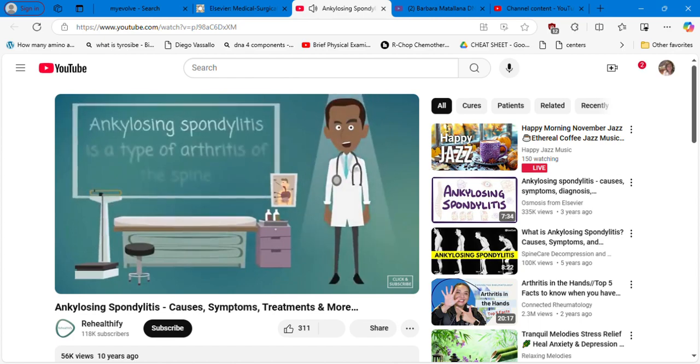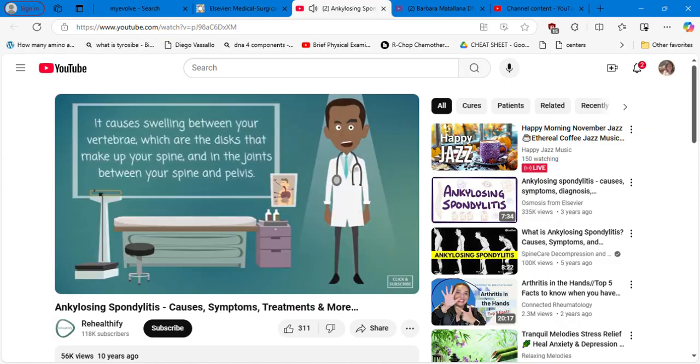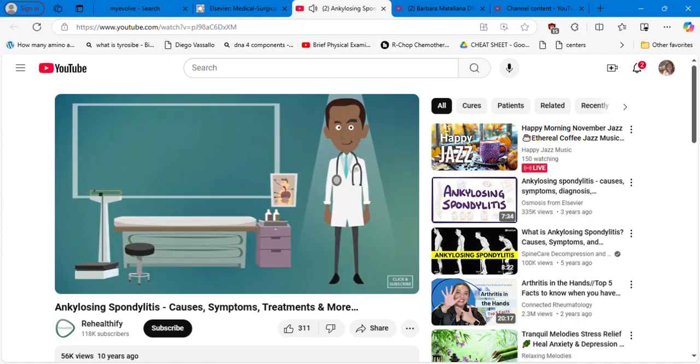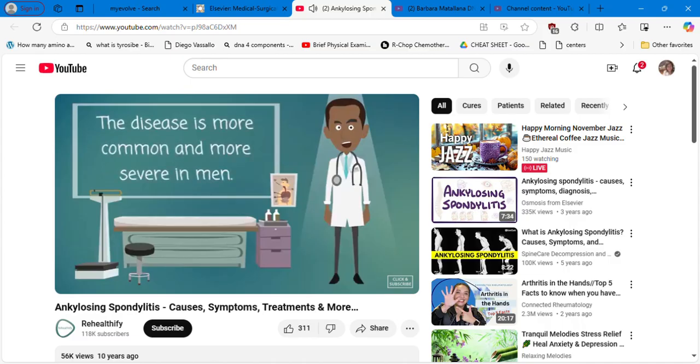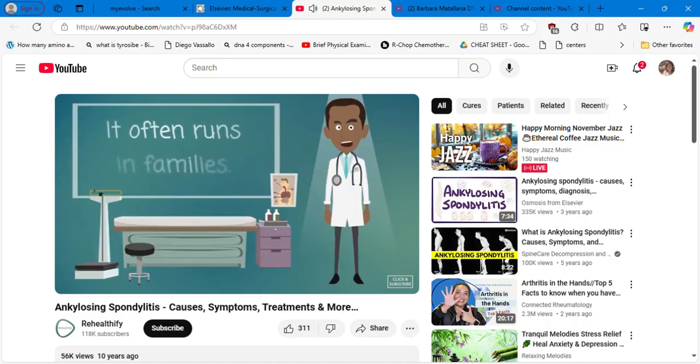Ankylosing spondylitis is a type of arthritis of the spine. It causes swelling between your vertebrae, which are the discs that make up your spine, and in the joints between your spine and pelvis. Ankylosing spondylitis is an immune disease. The disease is more common and more severe in men. It often runs in families.